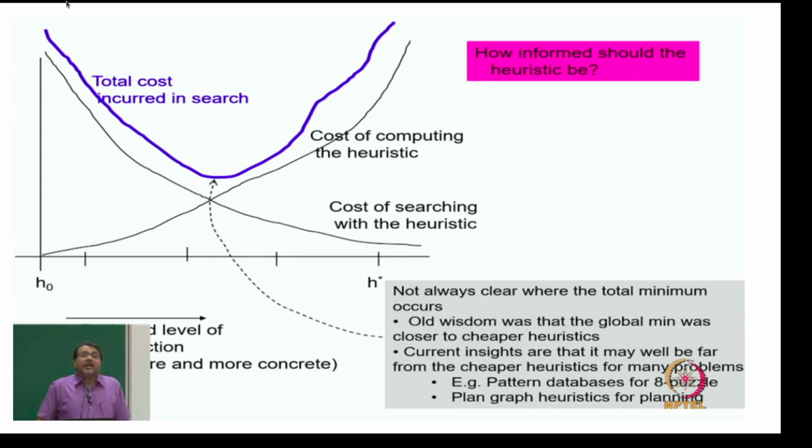If it is a very trivial heuristic, then the cost of computation is very less, but the cost of searching becomes very high because you are doing so much to reach a solution since you don't have extra information, right? So you can see the curve, which is like a bell curve, not a bell curve, it is an inverted bell curve.